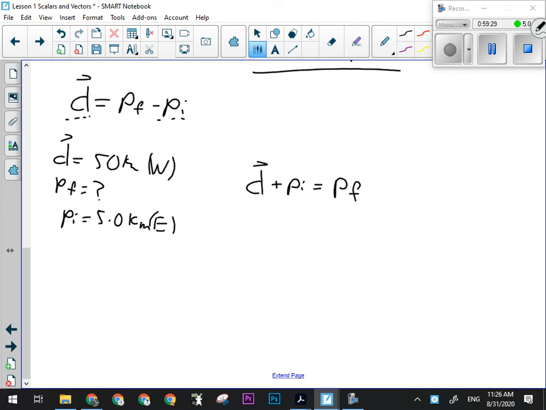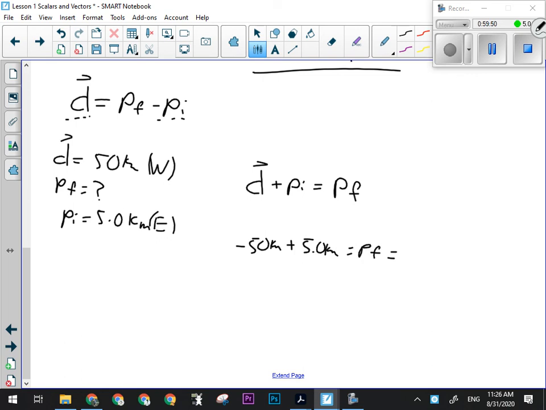Now, east and west are opposites, so one of them has to be negative. West is typically negative, east is typically positive. So I'm going to have negative 50 kilometers plus 5 kilometers equals my final position.